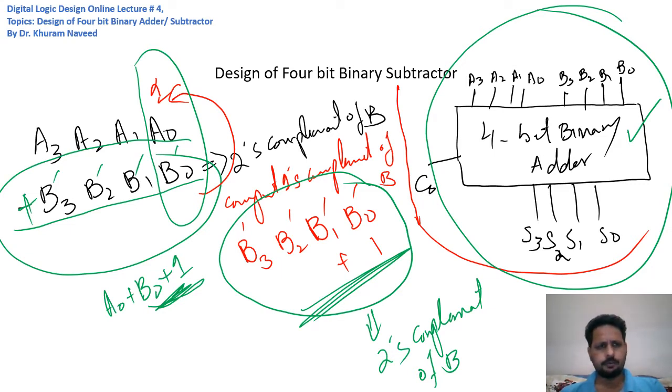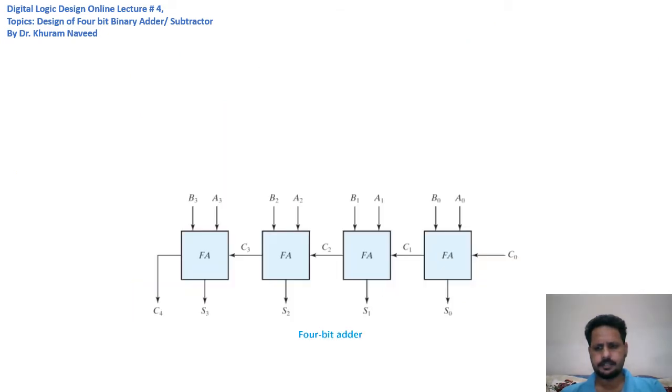So once we have figured out how we can convert this 4-bit binary adder into a 4-bit binary subtractor, let's move ahead and actually try to do that. So this is a 4-bit binary adder, which we developed in the previous part of this lecture, where we use 4 full adders connected in series.